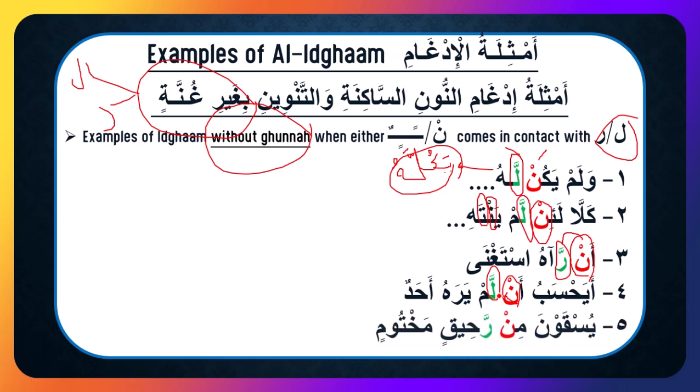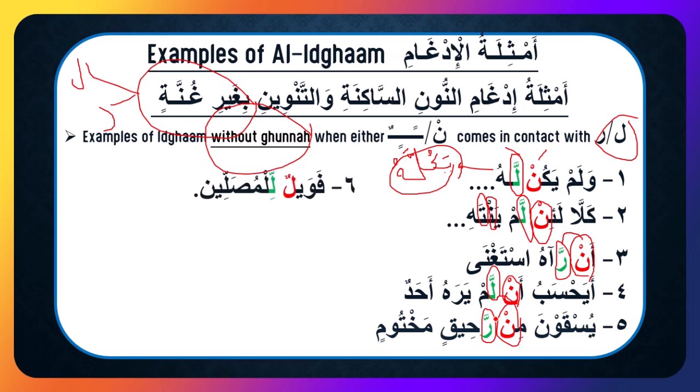The next example we're looking at is yusqawna min rahiqin makhtum. If we look at this Nuun Saakinah, the letter after it is a letter Ra, which is the letter of idgham bighayri gunnah, that explains why we pronounce this as though there is no Nuun there in the first place, because the Nuun is completely entered into the Ra.